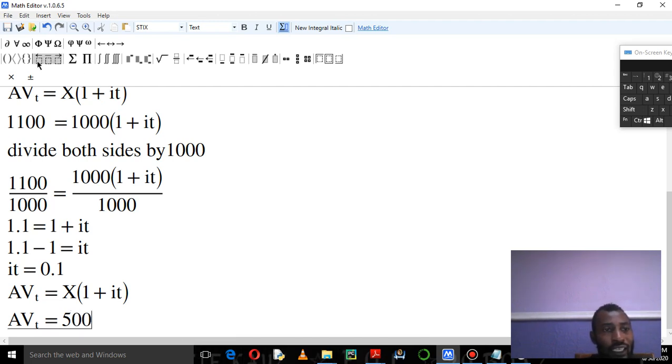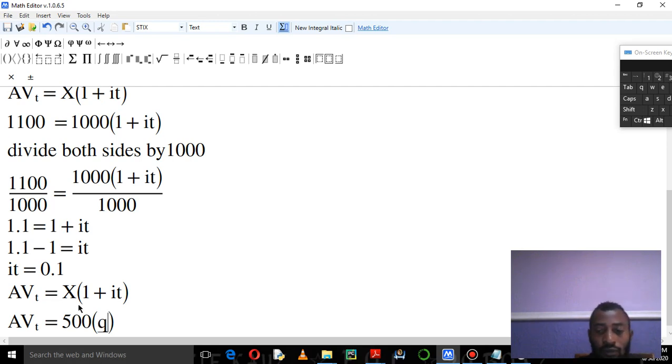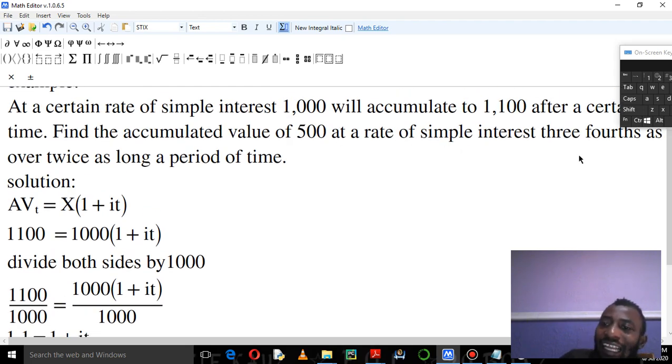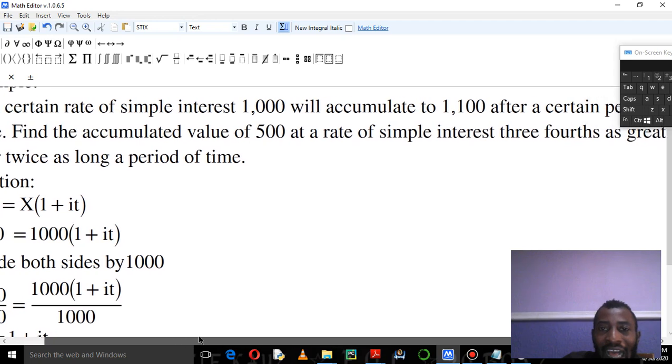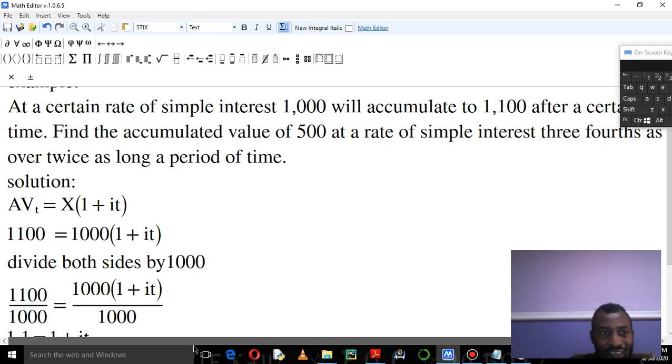500 into bracket 1 plus, what's our IT? In this question, we were told the accumulated value at a rate of simple interest 3/4 as great.